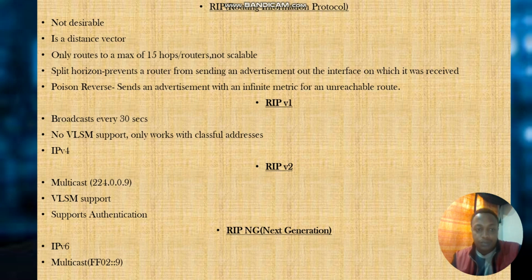Now, the 2 RIP versions that we have looked at only support IP version 4. RIP NG, and NG stands for next generation, supports IP version 6, and it also uses a multicast address or a multicast group to get updates from routers.